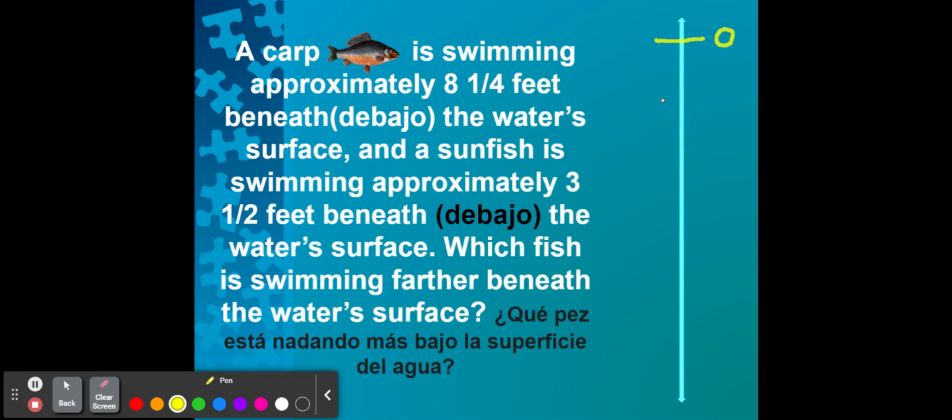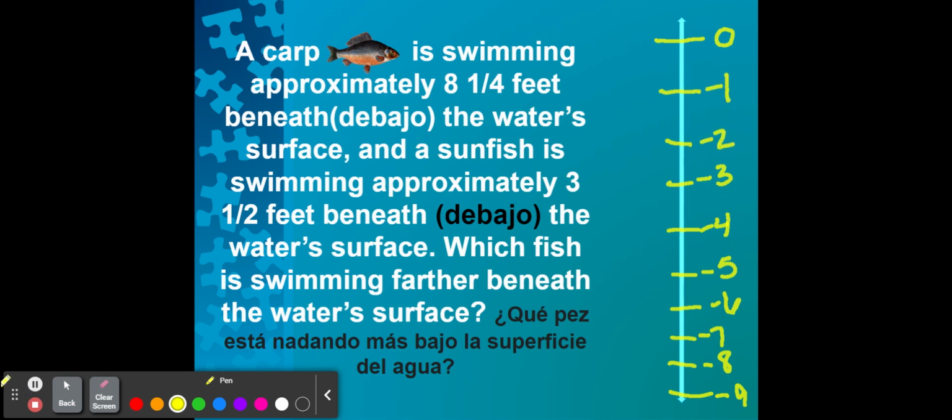Then I'm going to do my integers, -1, -2, -3, -4, -5, -6, -7, -8, -9. So I want you to go ahead and label those integers. Pause it if you need to.